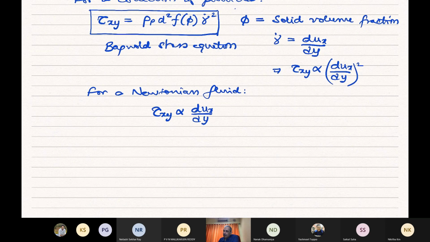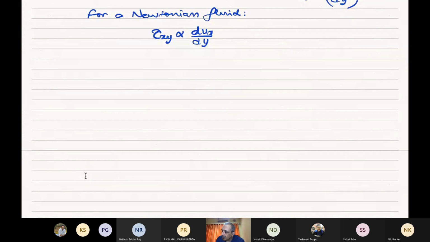So this is the major difference. And the reason that this happens, we can try and understand by looking at the relationship between the Hertz model and the Bagnold theory.